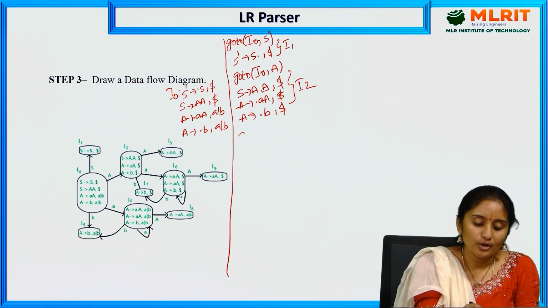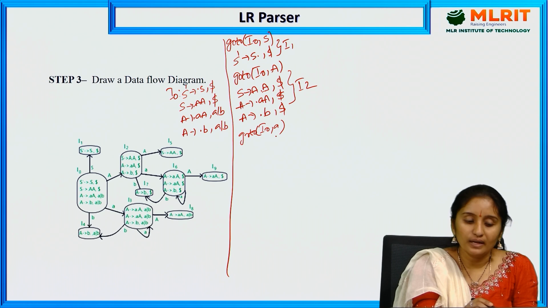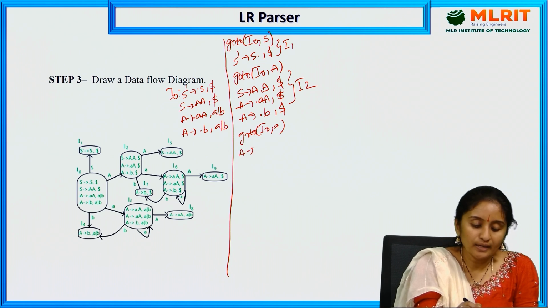Goto(I0, a). A → a.A, a/b. A is a non-terminal, so we write A → .B. After this there are no non-terminals, so we copy the same lookahead symbols.